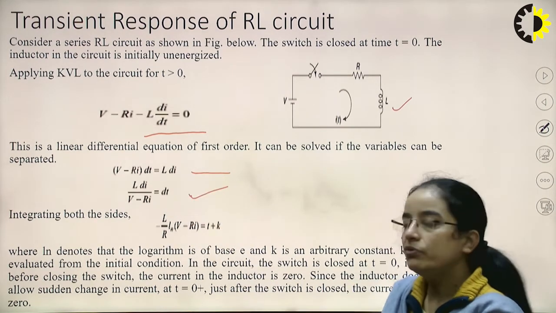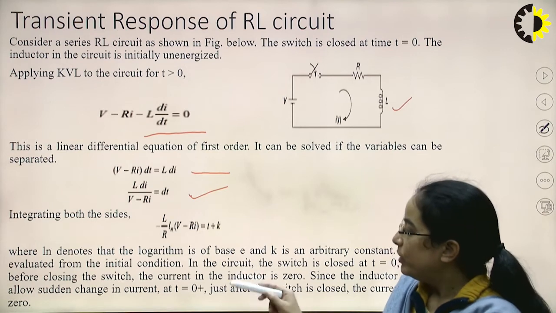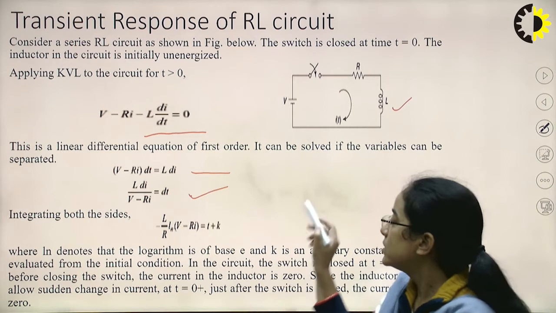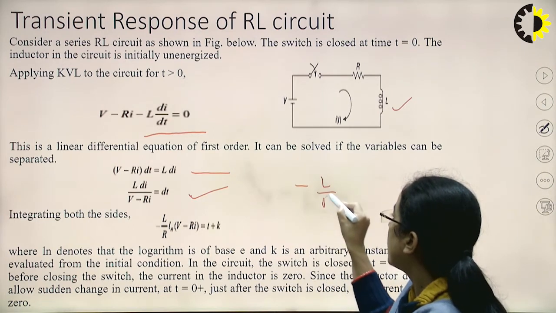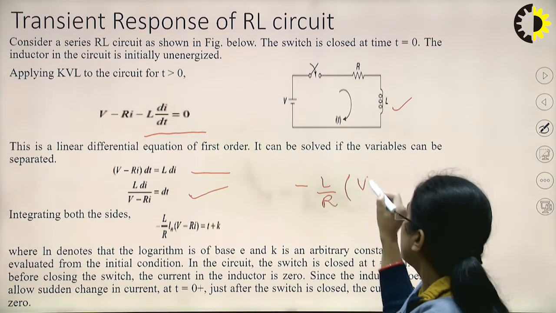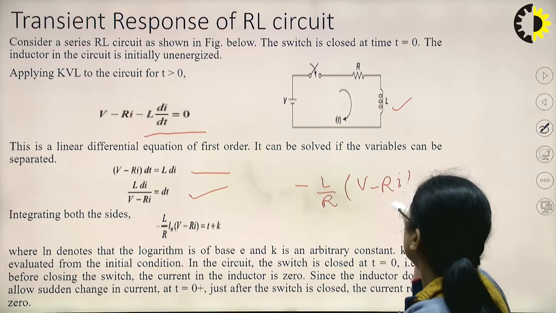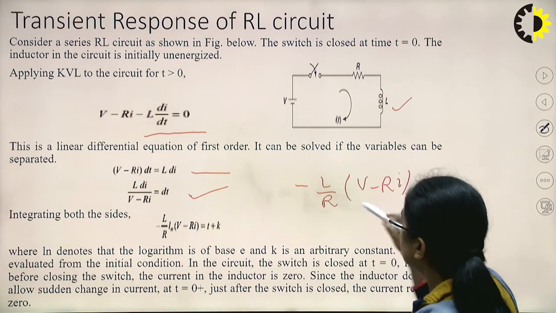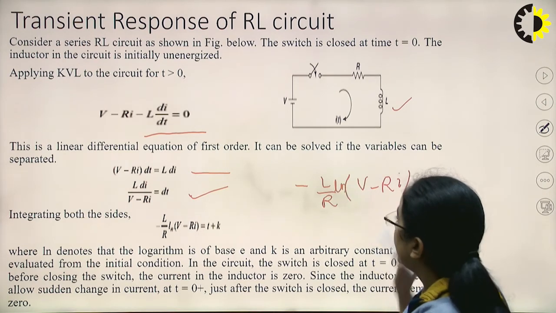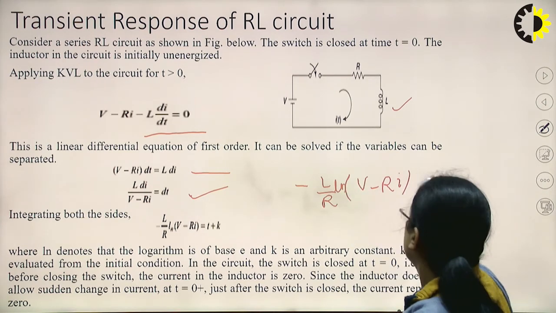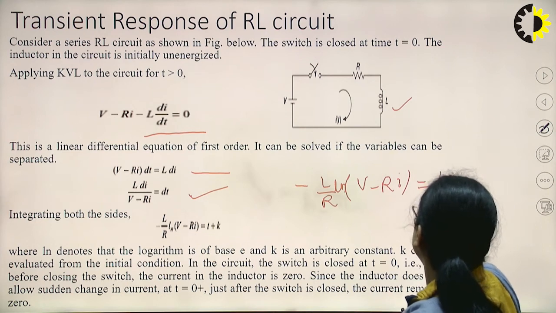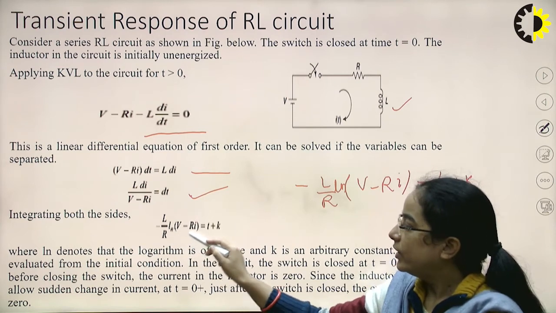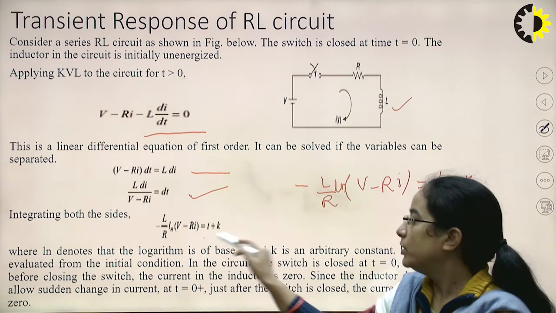Now if we integrate, we will have minus L by R ln of V minus Ri equal to t, and there will be an integration constant, k. Minus L by R ln V minus Ri equal to t plus k.